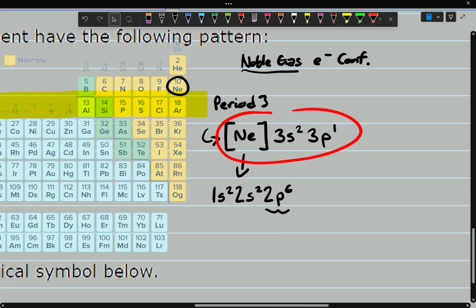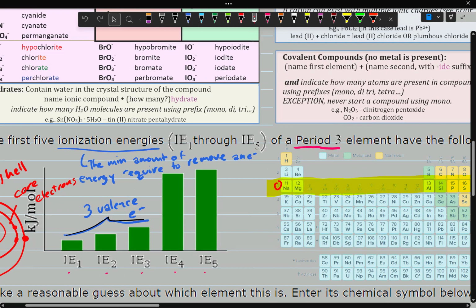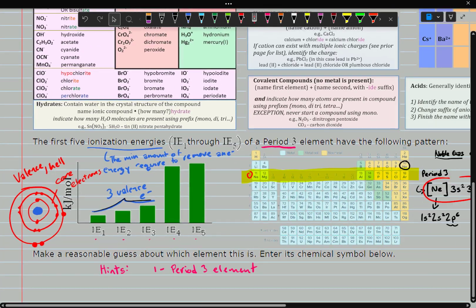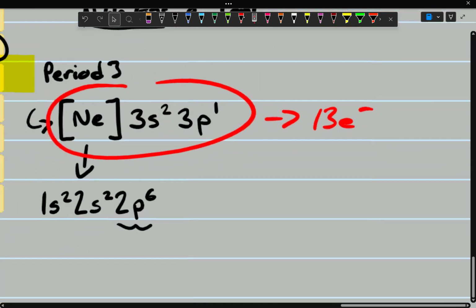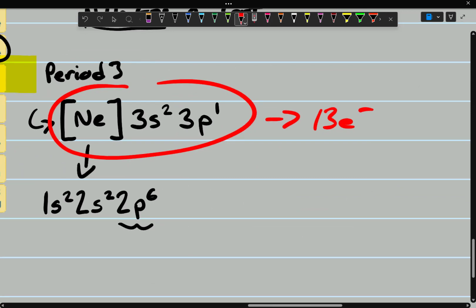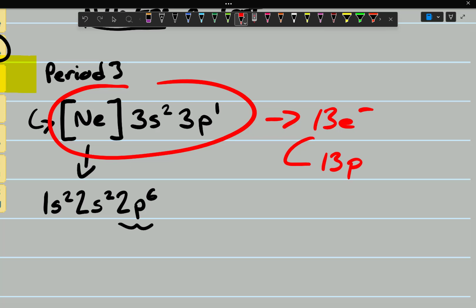This corresponds to 13 electrons, and it's not specified that this is any kind of cation or anion, so with 13 electrons we can assume we also have 13 protons.